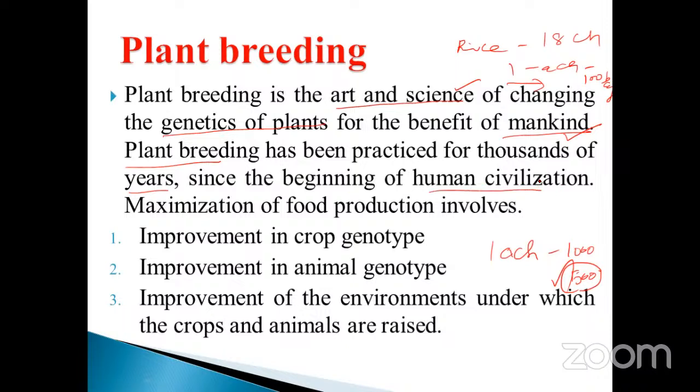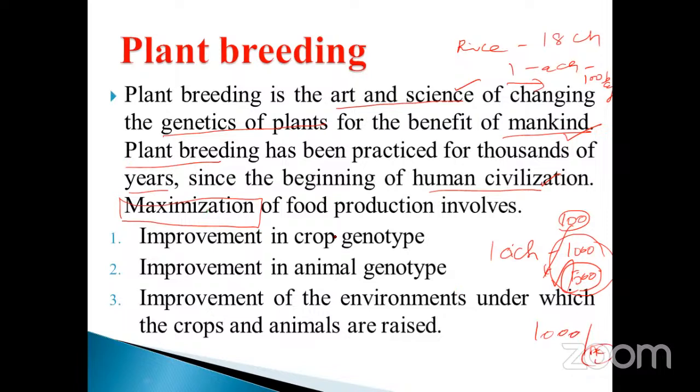Maximization of food production is involved. That is very, very important. My ultimate aim is the maximization, as I already told you. Suppose 1 acre produces 100 bags, it may increase up to 1,000 bags per acre. That is our goal. That is the maximization.